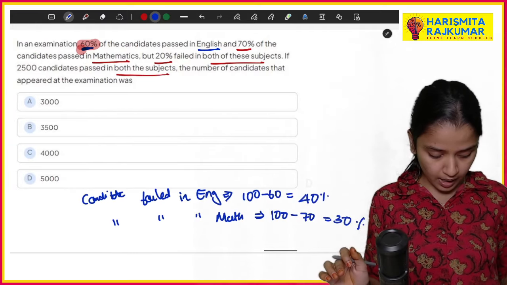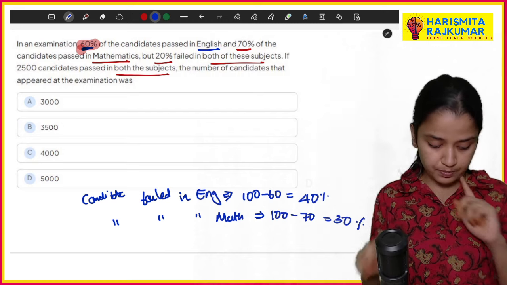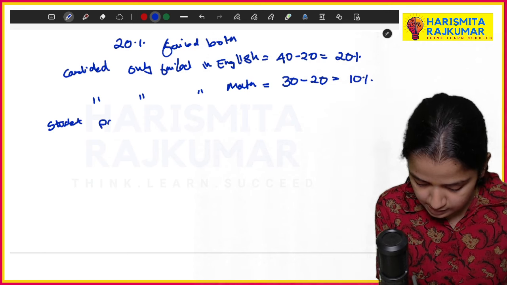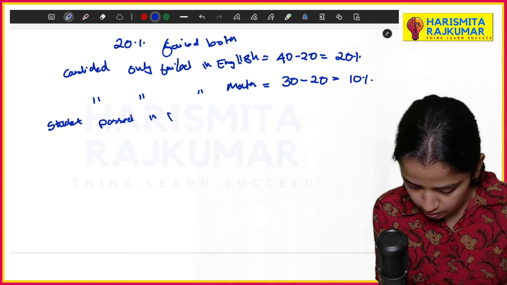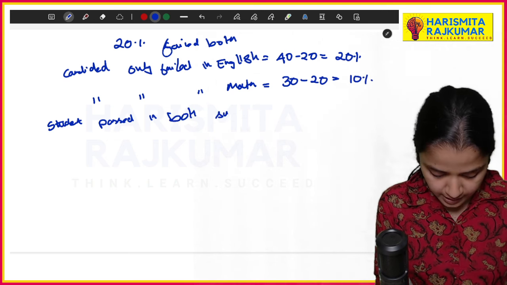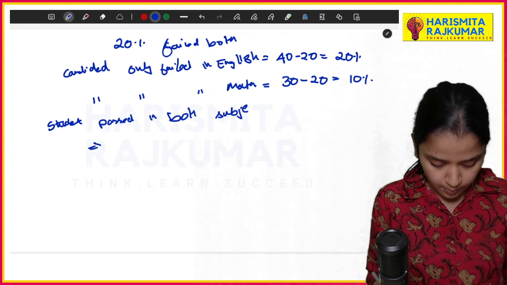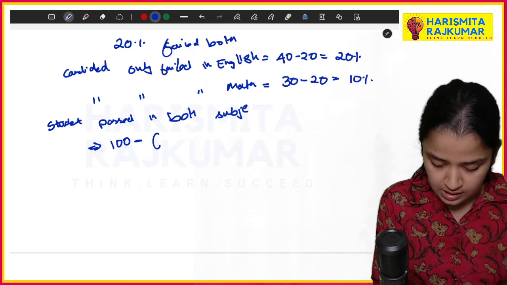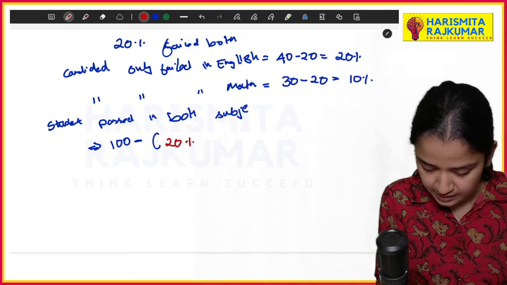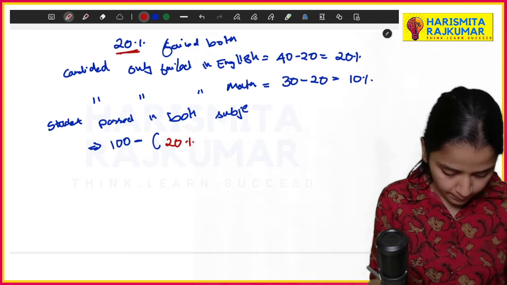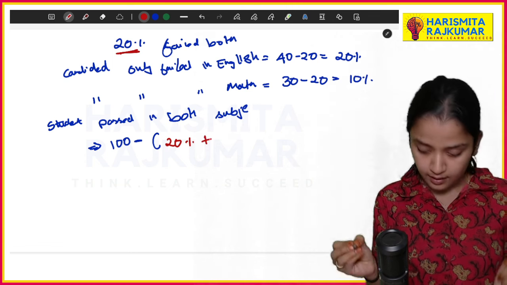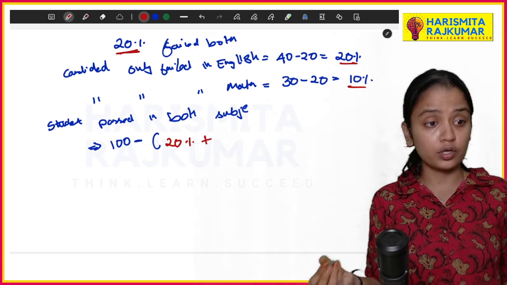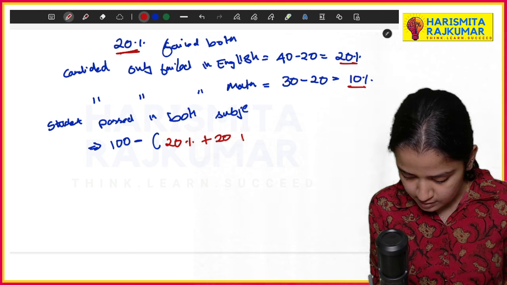So students who passed in both the subjects will be 100 minus students who failed in both the subjects, which is 20, plus students who failed only in English and students who failed only in maths, that is 20 plus 10.